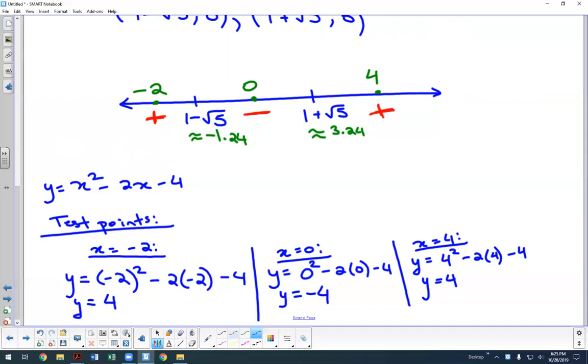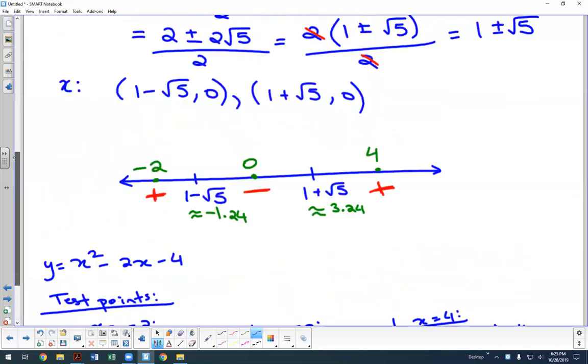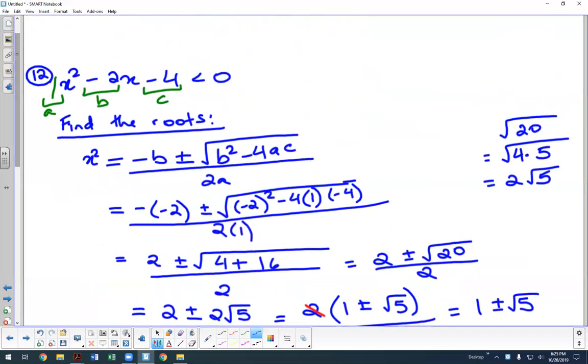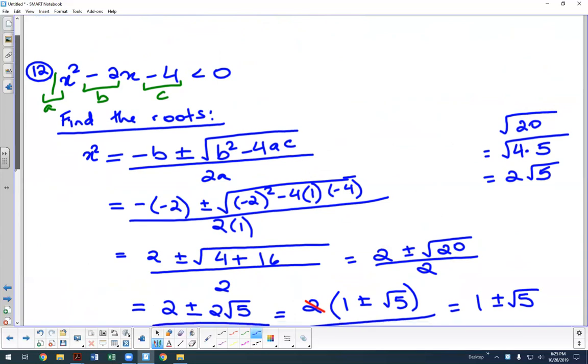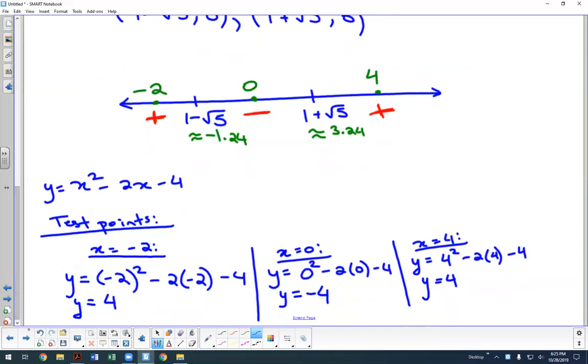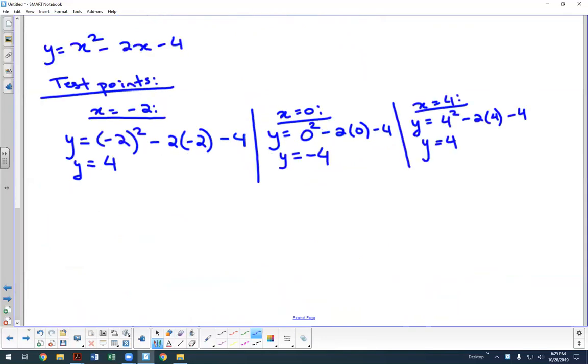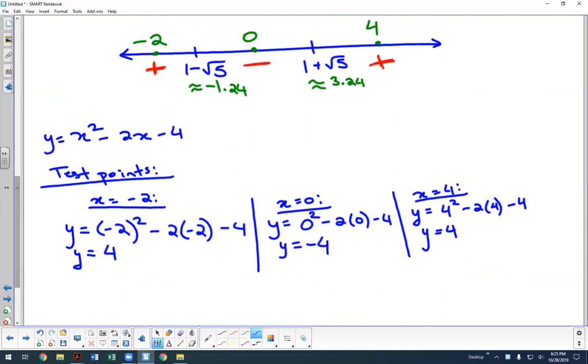So now that we know where our y values are going to be positive and negative, looking at the original inequality, what will be our solution set? Where is our interval giving us y values being less than 0? From -1.24 to 3.24.